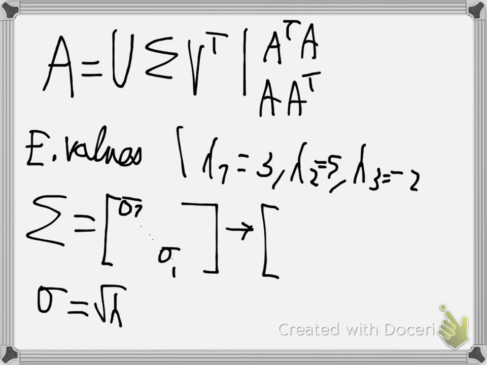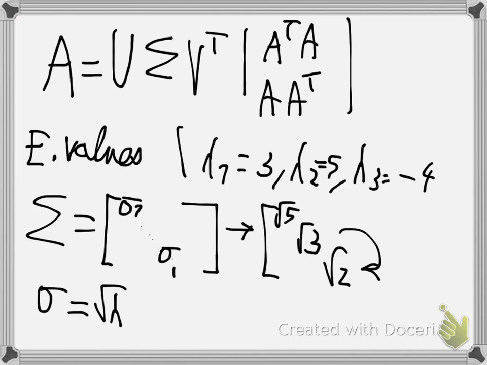So the biggest square root will be square root of 5, then square root of 3, then square root of 2. You don't consider the sign. If instead of minus 2 you had minus 4, the square root of 3 would be at the bottom, and here you would have the square root of 4, which is 2. Okay, so that will be your matrix sigma.